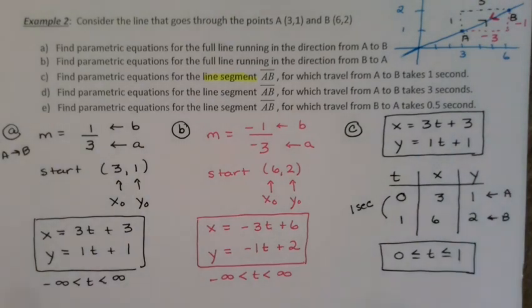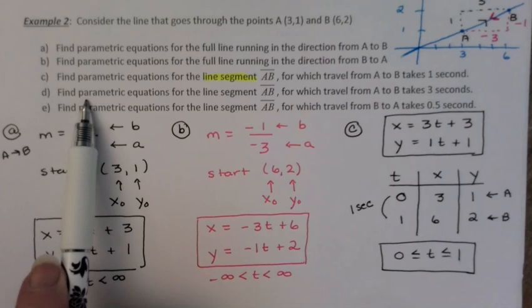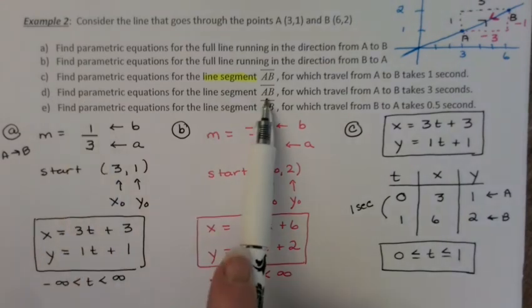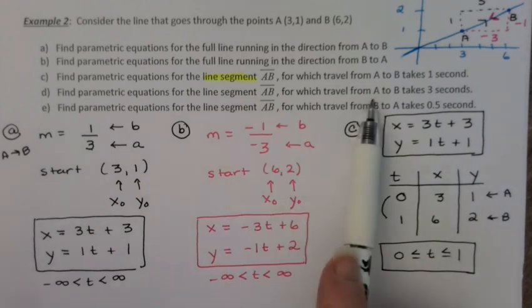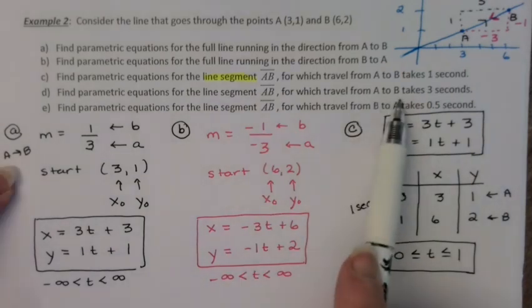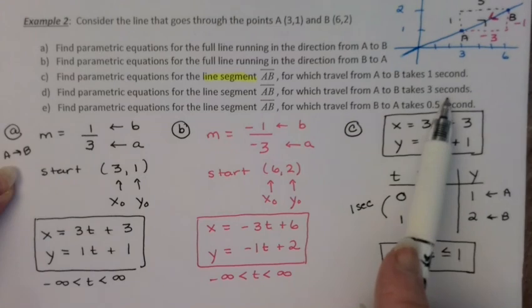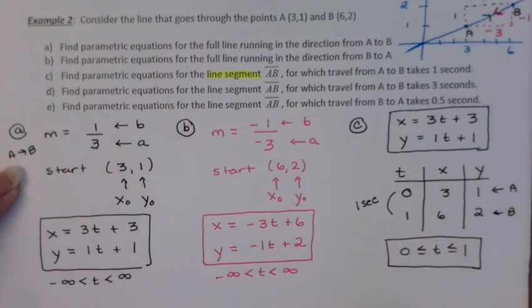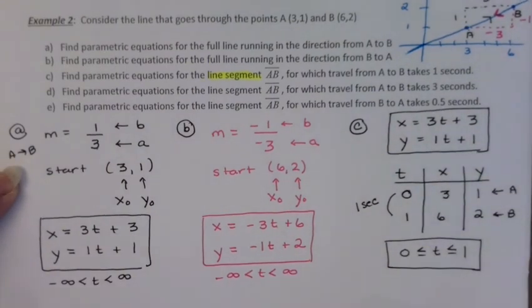All right, let's go ahead and take a look at part D. I want parametric equations, again for the line segment AB. Again, I'm going from A to B, so I'm going to start here again. But this time, I want it to take 3 seconds to go from A to B. So I only want to go 1/3 as fast. It's going to take 3 times as long, right?